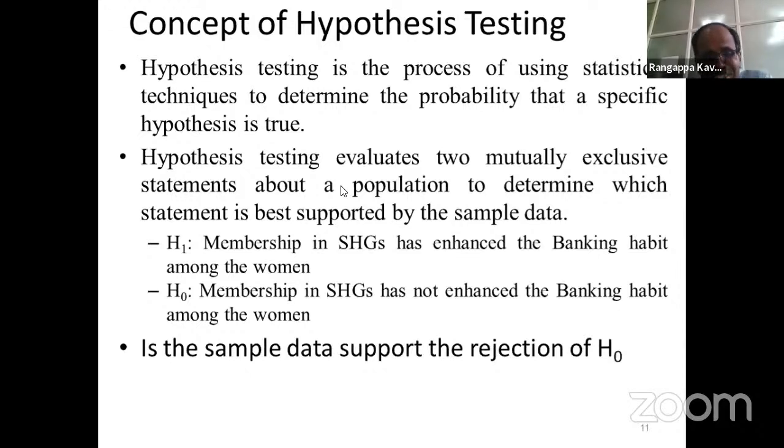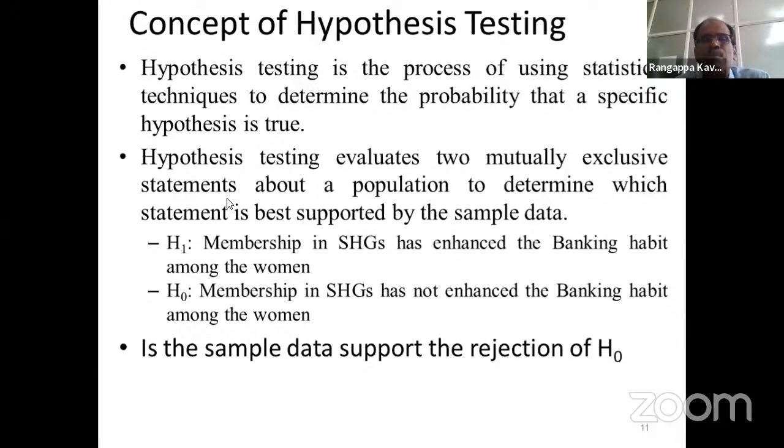As I told you, normally we begin research with a research hypothesis. I've taken simple examples here. H1 always indicates the alternative hypothesis. H0 indicates the null hypothesis. H1, the research hypothesis: say I just started research stating that membership in self-help groups has enhanced the banking habit among women.